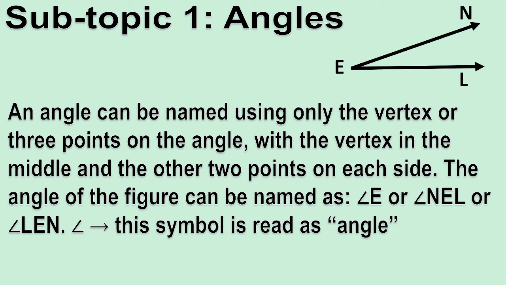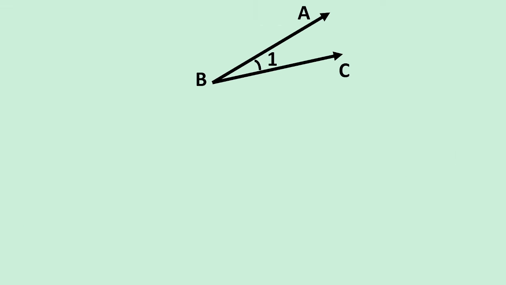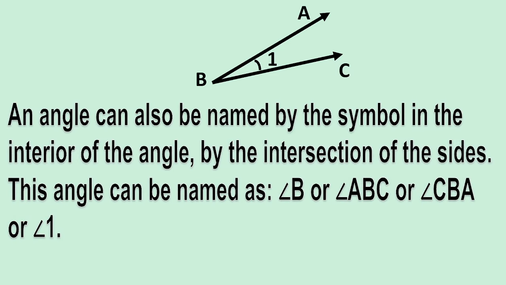This symbol is read as angle. An angle can also be named by the symbol in the interior of the angle by the intersection of the sides. This angle can be named as angle B, or angle ABC, or angle CBA, or angle 1.